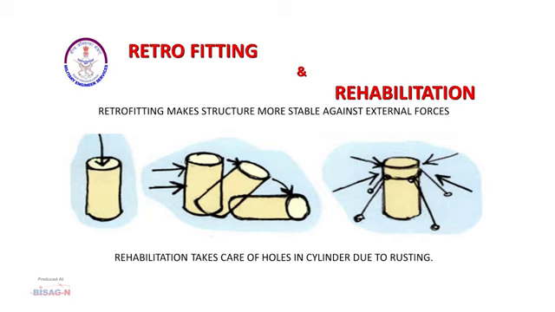For example, this cylinder is standing. If this cylinder develops holes in it, then repairing those holes is termed as rehabilitation. However, tying the cylinder on all four sides so that it doesn't fall against lateral forces is a kind of retrofitting. So, if we are strengthening the structure against seismic forces for which it was not designed earlier, it is retrofitting, otherwise rehabilitation.